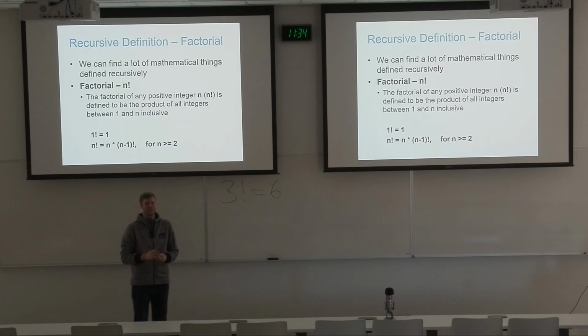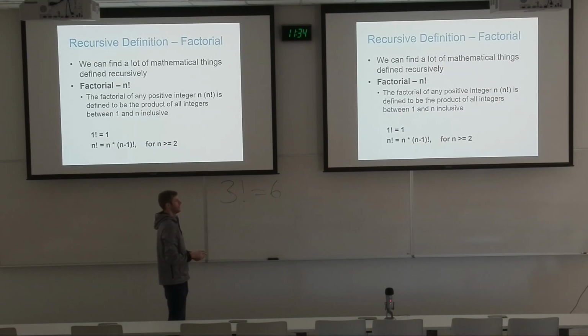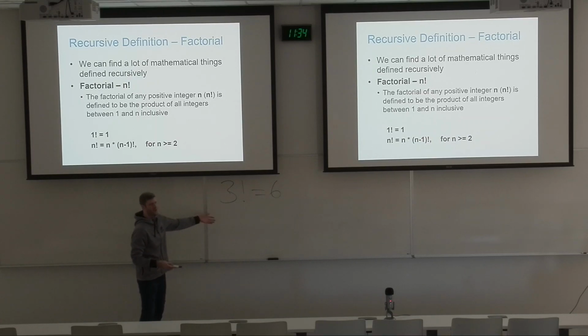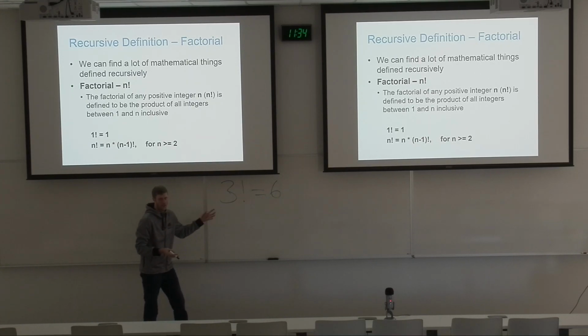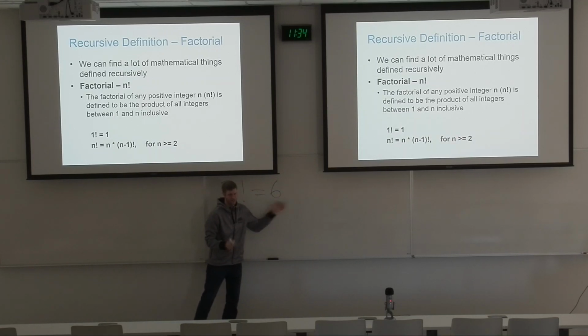Now, one thing kind of interesting to note too is, I now know that 3 factorial is 6. So if I wanted to know 4 factorial, I could just do 4 times 3 factorial, and 3 factorial is 6.